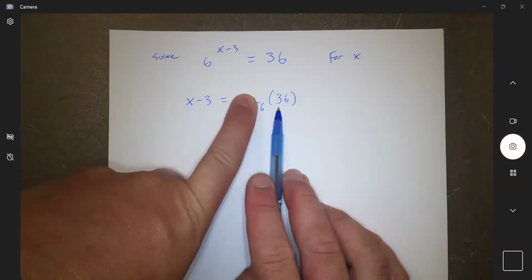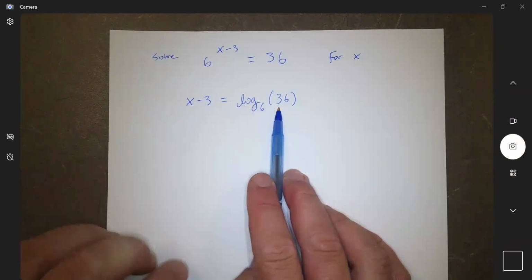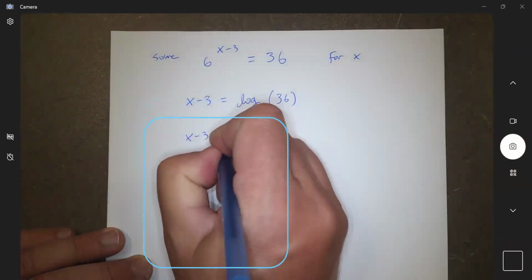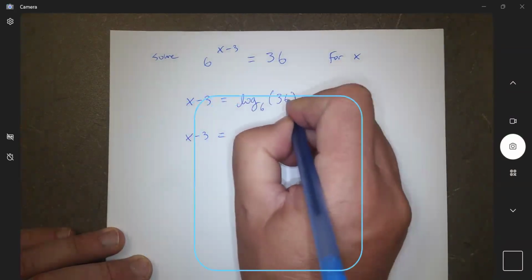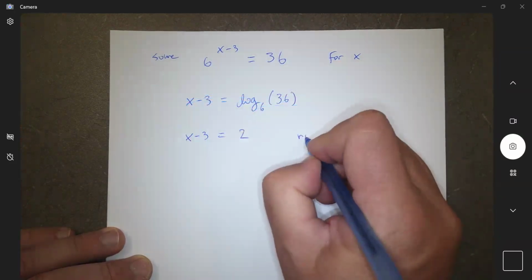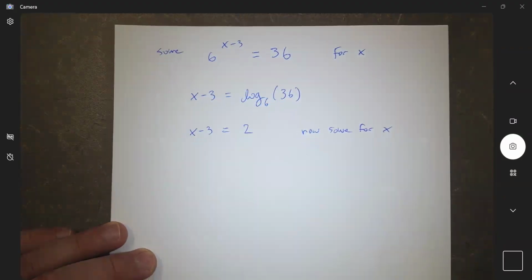But 6 to what power is 36? 2. 6 squared is 36. So that must mean that x minus 3 is the power that goes on 6 to be 36. So it is equal to 2. And so now solve for x.